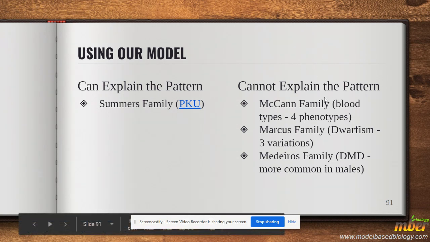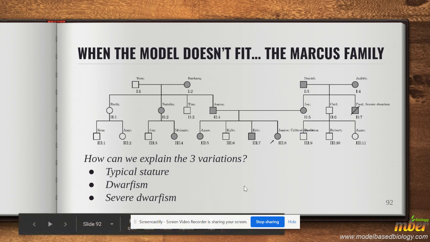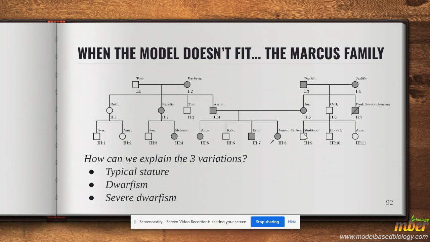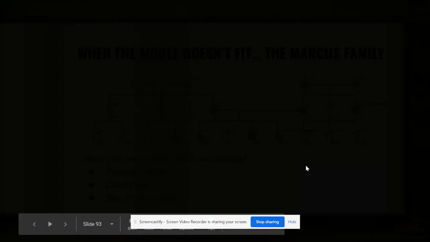So it's a little more complicated with these ones than with the Summers family. Okay, so the model doesn't fit. This Marcus family is the family that was suffering with dwarfism. So this one is so complicated, okay? We cannot tell what each person's genotype is. And that's okay. We would have to do genetic testing for that. And I don't know about you, but we're not going to be doing genetic testing in this class.